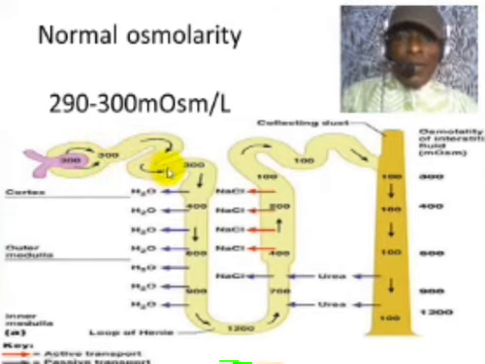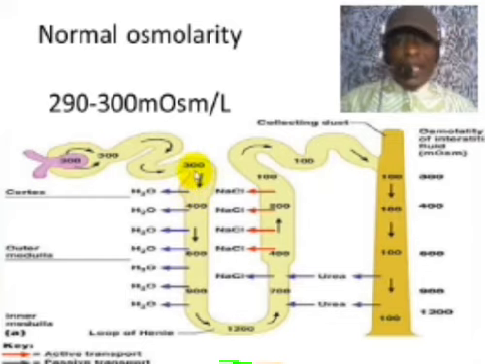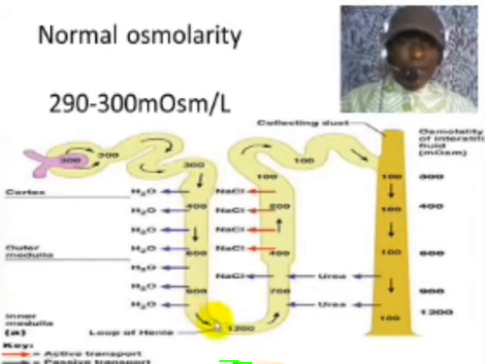In the descending loop of Henle, there is a gradual and progressive increase in the osmolarity of the glomerular filtrate, from 300 to 400, then to 600, then to 900, until it reaches a maximum of 1200.